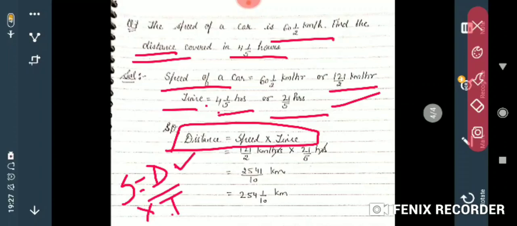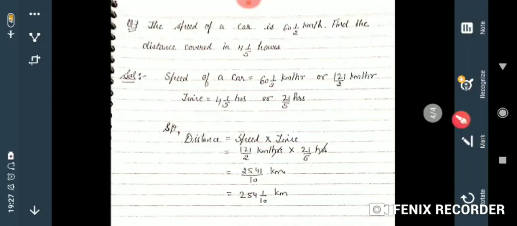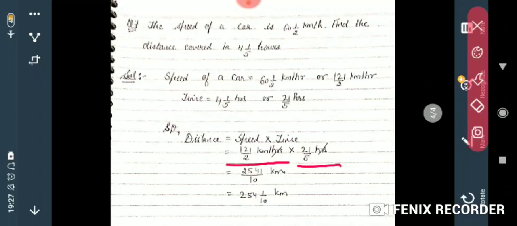You will multiply speed into time. Now the speed is given 121 upon 2 kilometer per hour and the time is given 21 upon 5. Just see, hour and hour both will get cancelled.